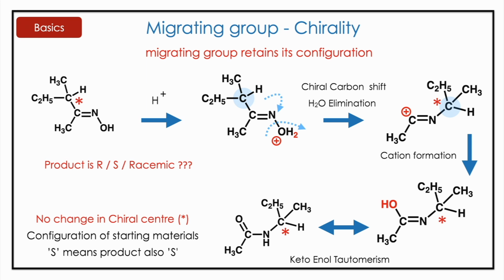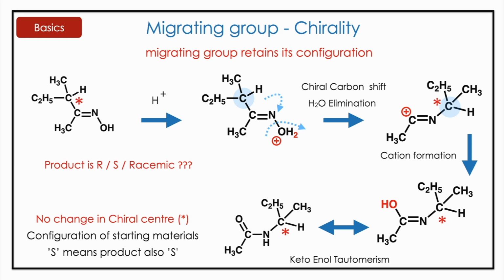In this example, I have given a chiral carbon. The chiral carbon is the migrating group. Since it is trans to OH, it migrates. First step, OH is protonated, water forms, and the trans group migrates. Since the trans group is the chiral carbon, it migrates and forms a cation. Then OH is formed by quenching, and it is converted into ketone.